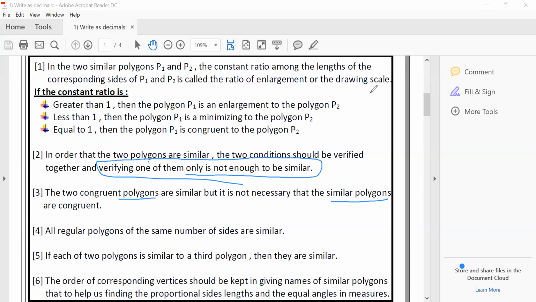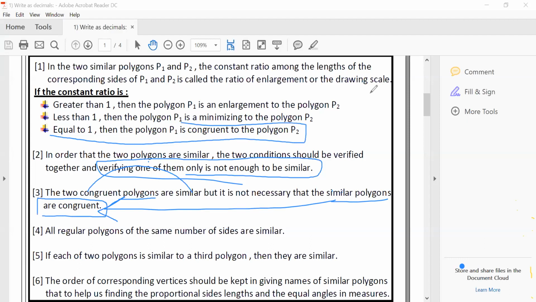So congruent polygons are similar, but similar polygons are not necessarily congruent. If this case happens, they are similar. If not, they will not be congruent. That's why similar polygons can be congruent and can also not be congruent. But congruent polygons are always similar.